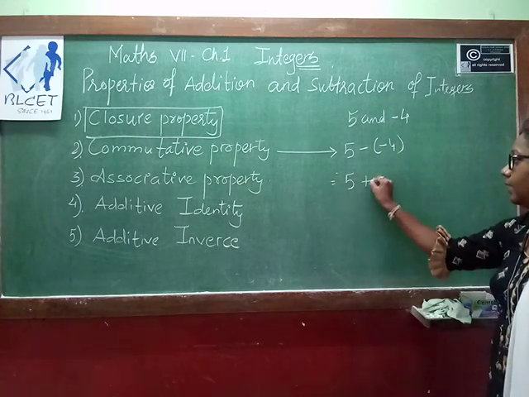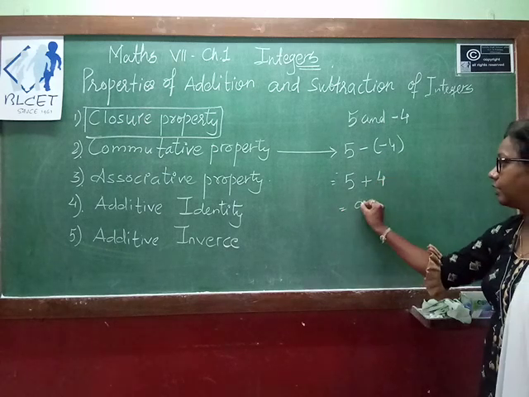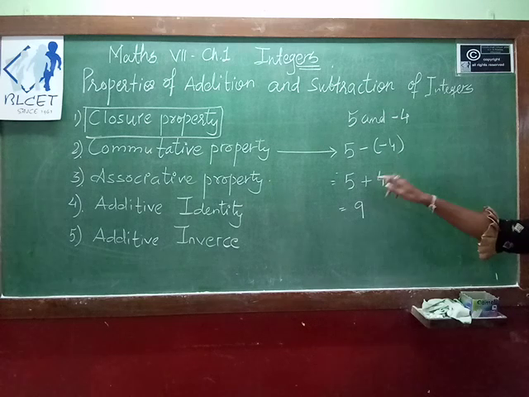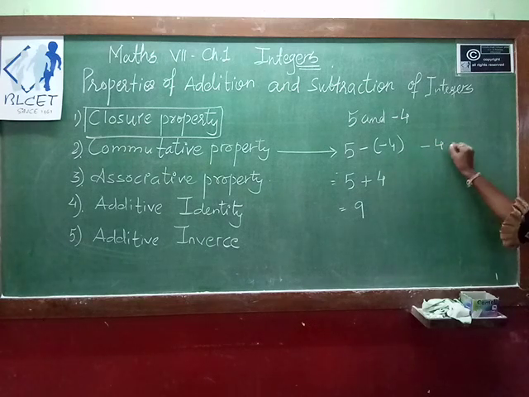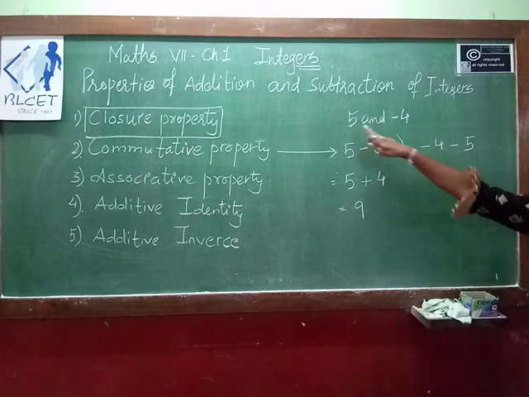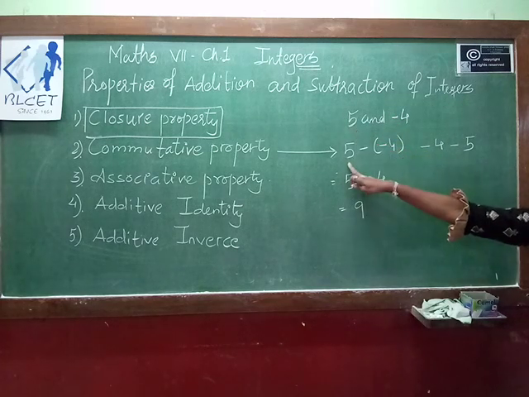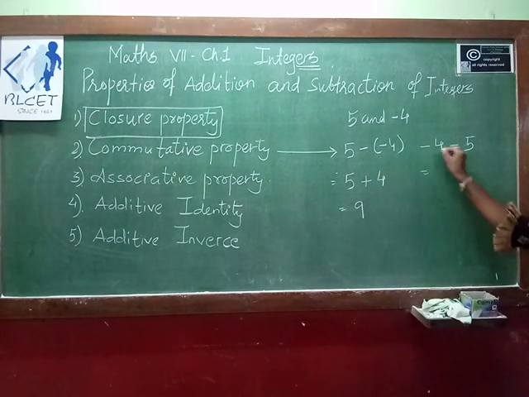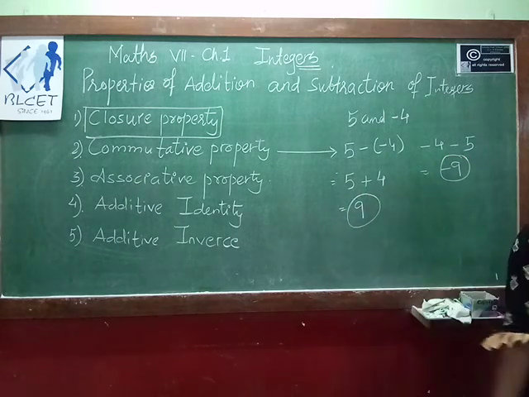Minus becomes plus: 5 plus 4 is equal to 9. Now I change the order of subtraction: minus 4 minus 5. Here I wrote 5 first, then minus 4. Here what is my answer? Minus 9.